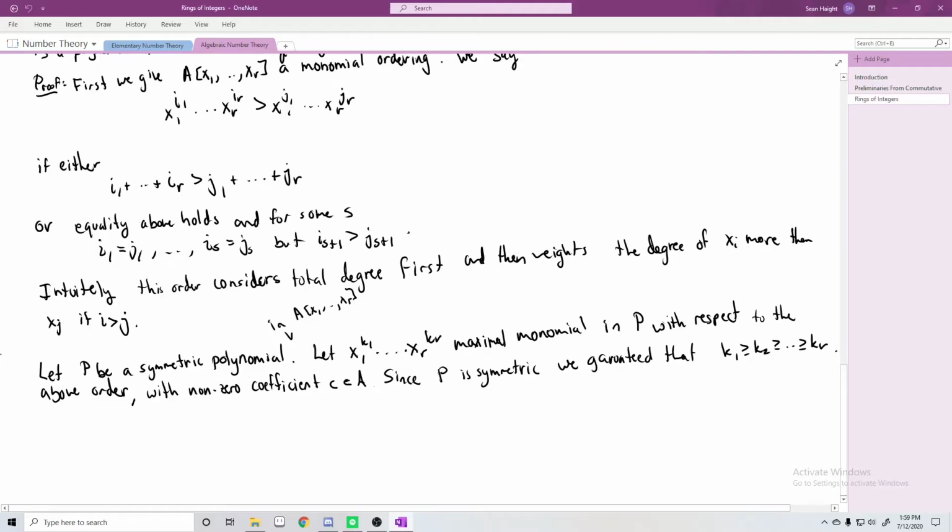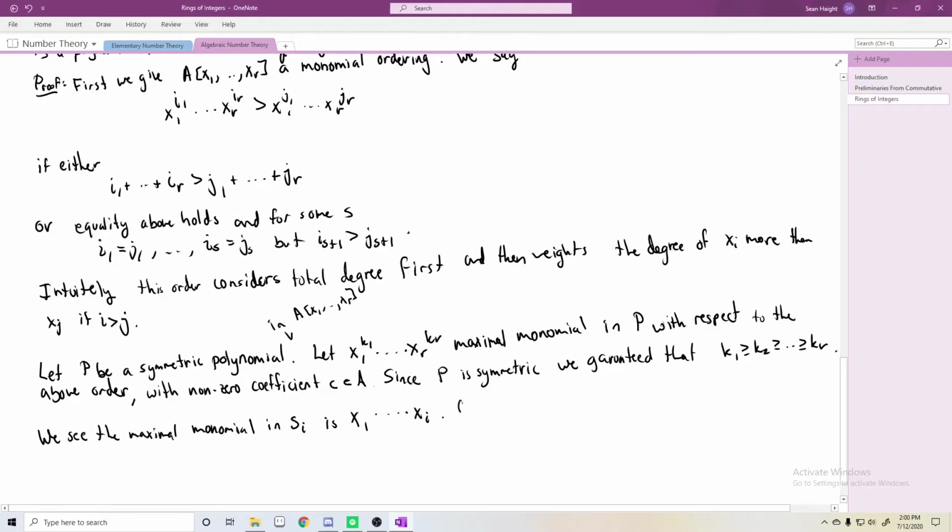Okay, so thinking about S sub i, the ith elementary symmetric polynomial, we see the maximal monomial in S sub i is x1 through xi.